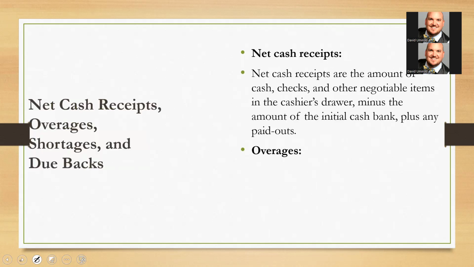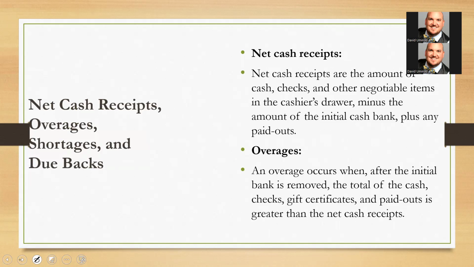Essentially, we take all of our cash receipts. An overage is what happens when we take that initial bank out. Let's say I have all my cash receipts and they total up to $500. I take out my original $50 that I started with. I should have $500 in cash, right?